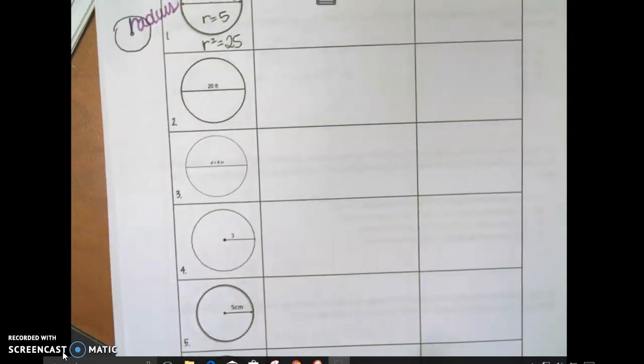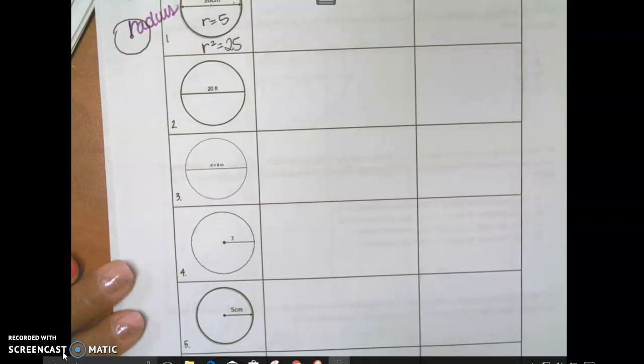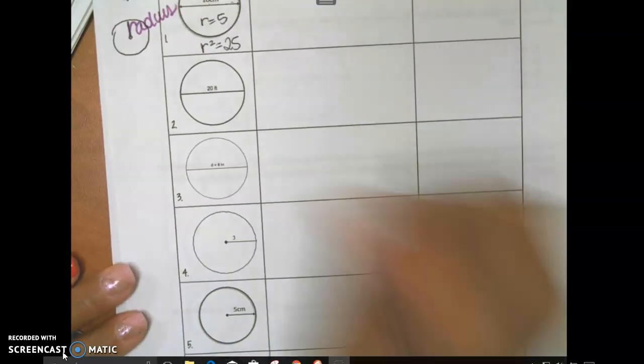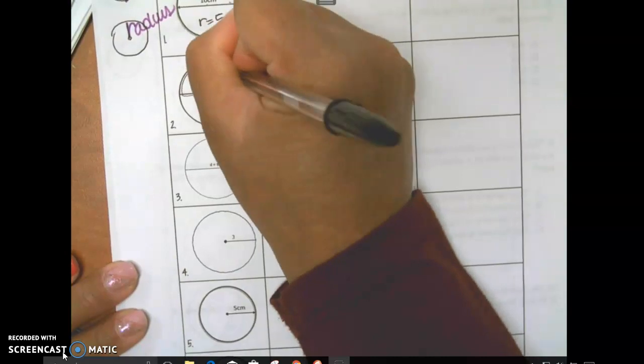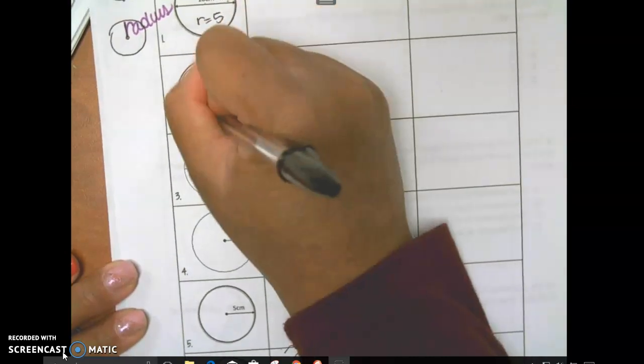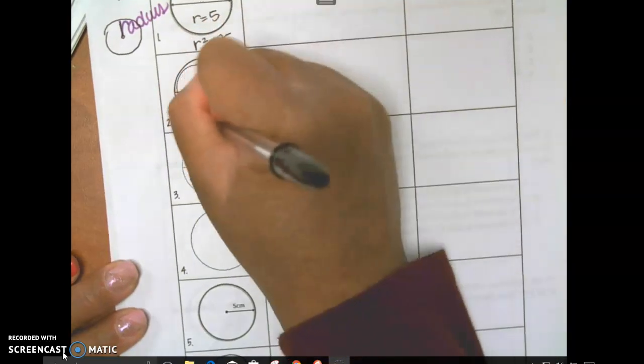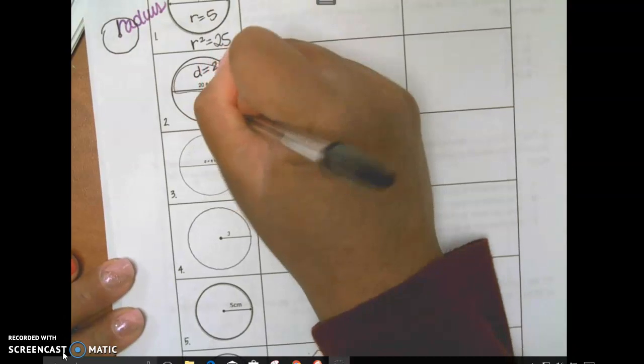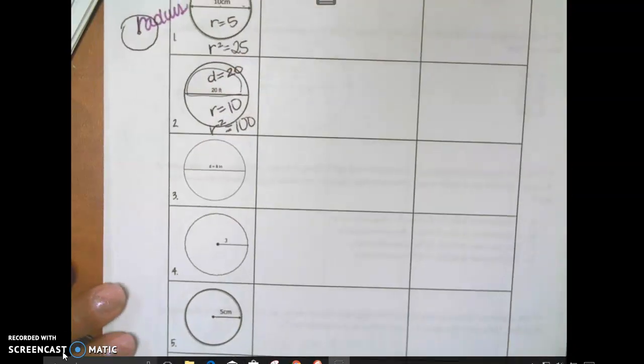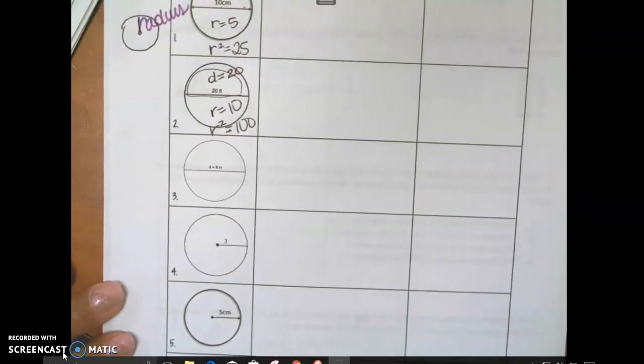What have they given me, a diameter or a radius? A diameter. It goes all the way through. I can see the letter D here. So, diameter equals 20. What is the radius? 10. What is the radius squared? 100. You should not be talking.